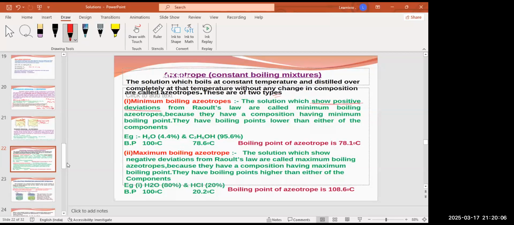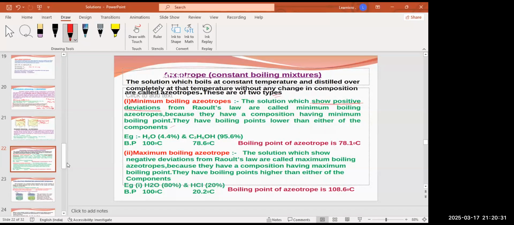Because they have a composition with a minimum boiling point, right? So basically they have boiling points lower than either of the components.